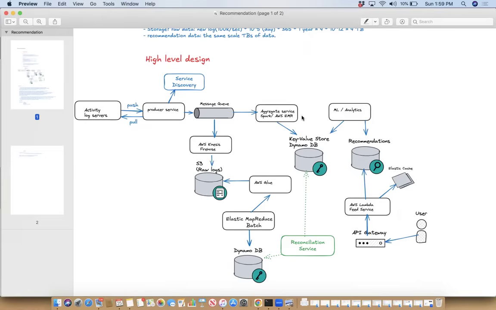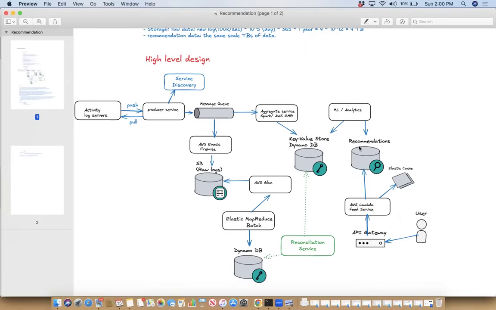Then we will call some inference. We will do ML inference, and we provide that data to ML models, and then the ML models work on top of it and create a recommendation list, and the recommendation list can be another data store.